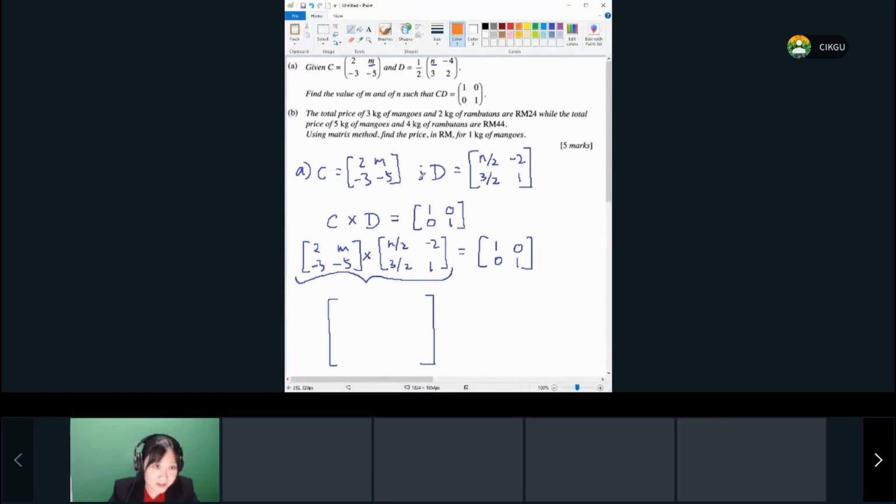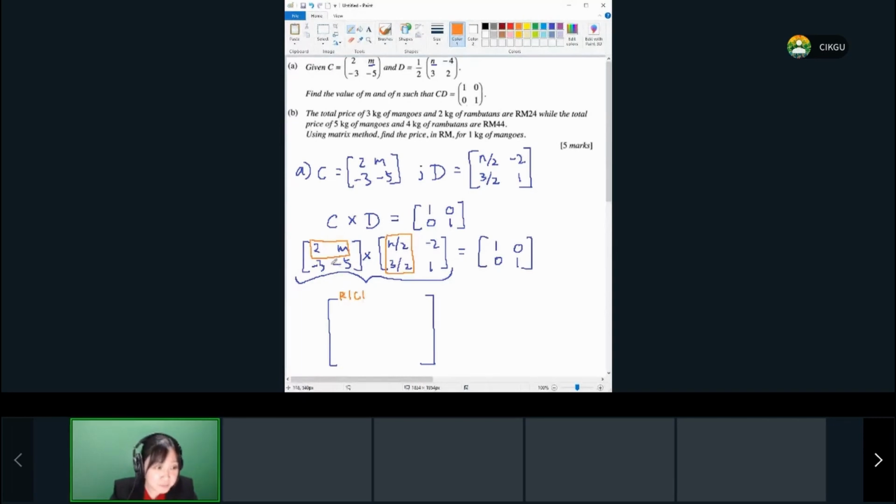Orange color. First row, first column. Let me write down the row first, R1, first row. Column also first, so I write C1.